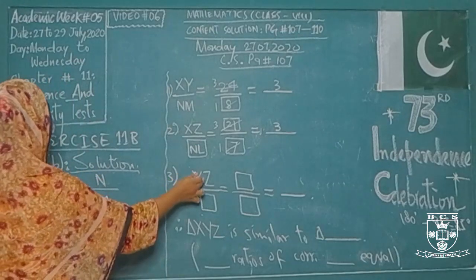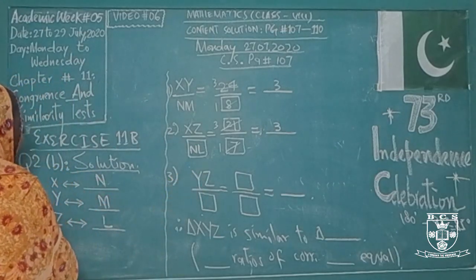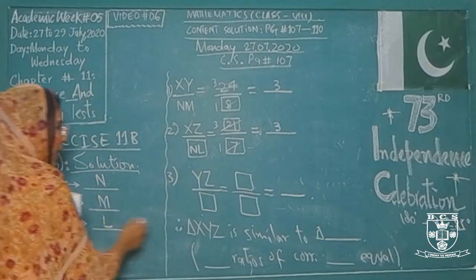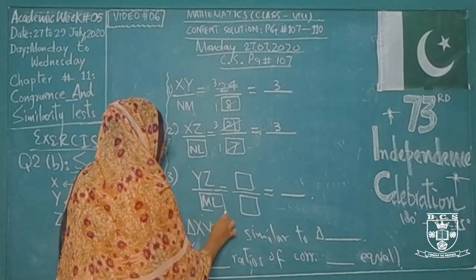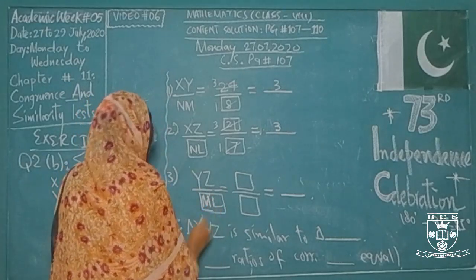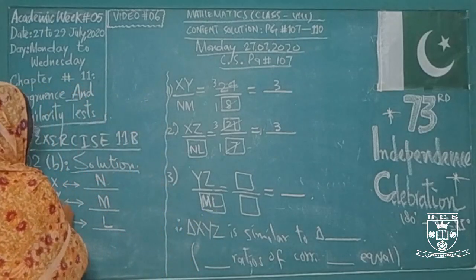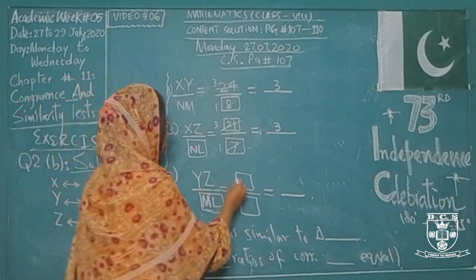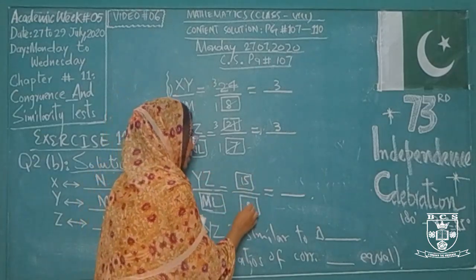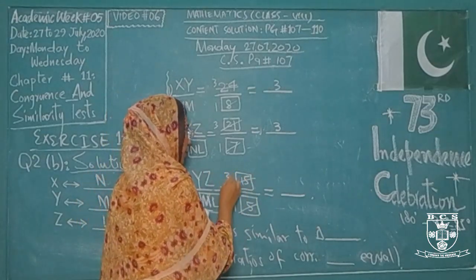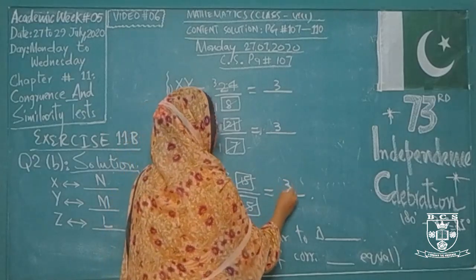Then Y and Z. In the second triangle, M and L are their corresponding side, and YZ according to the book is equal to 15 centimeters, and ML must be 5 centimeters. Yes, this is 5 centimeters. So 5 ones are 5, 5 threes are 15.